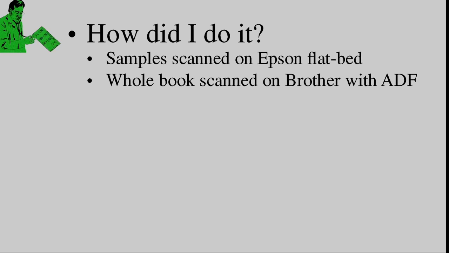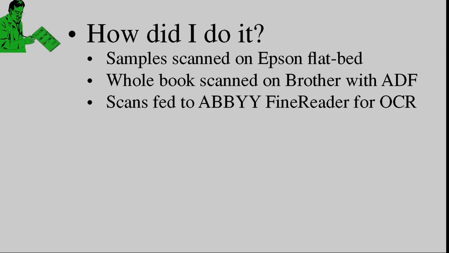When I came to do the whole book, on the other hand, I sacrificed the spiral binding, and with the automatic document feeder on my Brother laser printer scanner, I was able to manage it quite adequately.